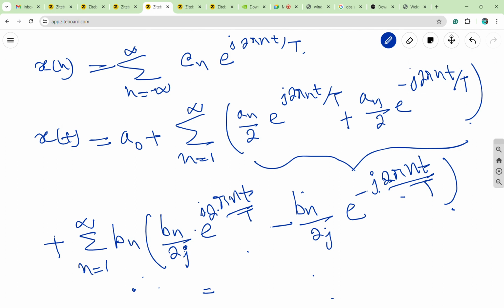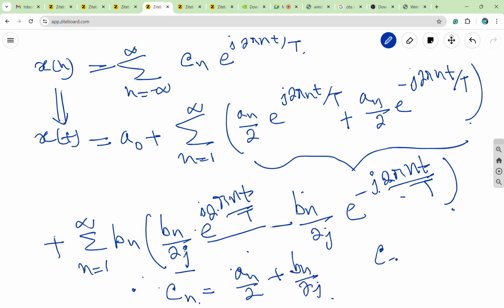We can check that by equating these two equations. So c n becomes a n by 2 plus b n by 2j. For c of minus n, it becomes a n by 2 minus b n by 2j.